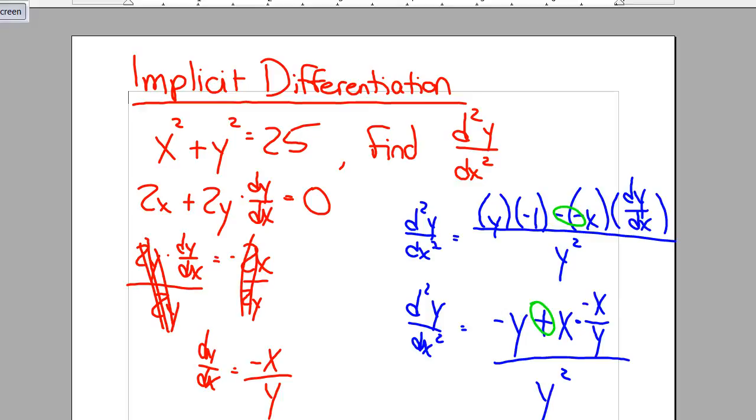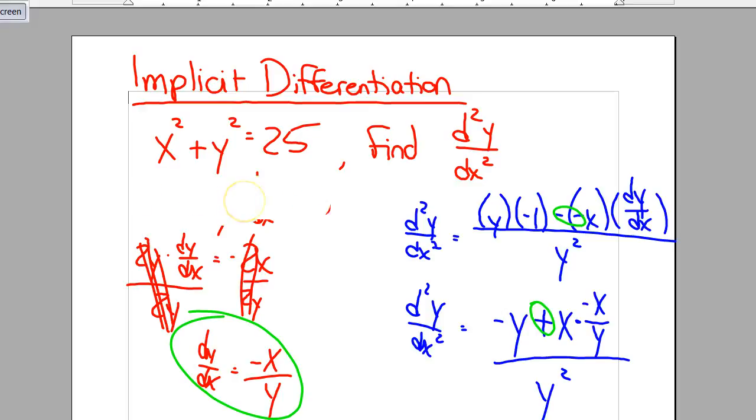Because we know that dy over dx equals negative x over y, so you can just substitute it. I figured out what dy over dx is over here, right? So instead of putting the dy dx, because I'm not going to be able to simplify this with the dy dx in it, I'm replacing dy dx with what I know it's equal to. So all I did was plug in, now it's x and y instead of dy over dx.